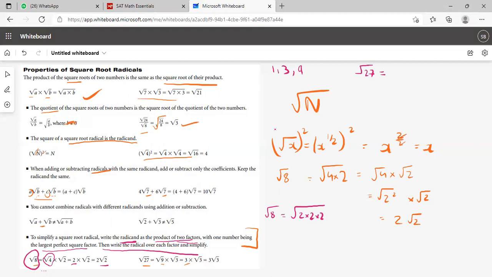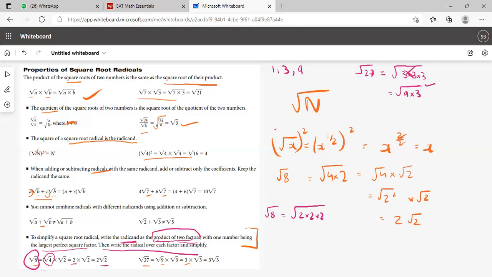So either I could have written it this way, 3 into 3 into 3, or 9 into 3. And this is what I have to do, because they said that I need to write it down as a product of two factors, not three factors.